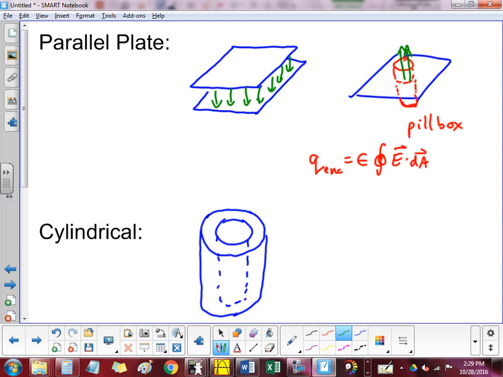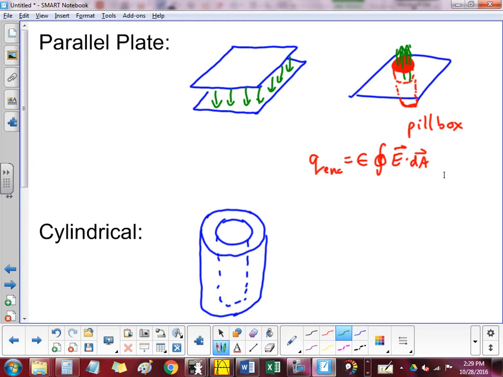We're going to assume that as you pick different patches of area on this little red circle, the field doesn't vary across here. So the field doesn't really change as you walk through the top of this pillbox, okay? So that gives us permission. First we'll do the dot product, then we'll pull the E out, is what I'm saying.